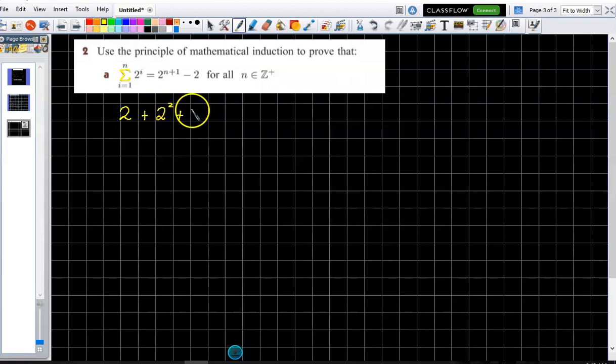When i is 3, 2 cubed. Remember this? And then it goes all the way up to when i is n, so 2 to the n, and we're saying that this is equal to 2 to the n plus 1, take 2. So if there was a question for a sum, it would be written in the yellow, not the stuff at the top.